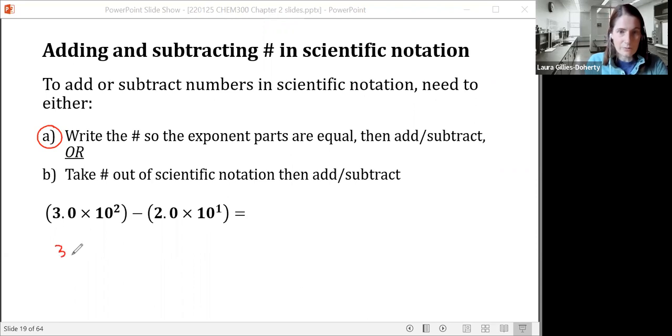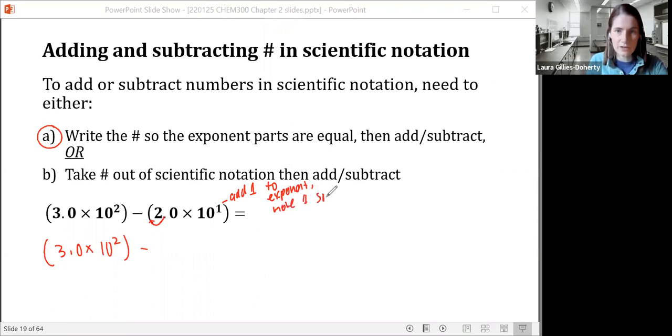Okay, so we have 3.0 times 10 to the 2. I'm going to leave that one as is, and I'm going to change this one from 10 to the 1 to 10 to the 2. So if I want to change this to 10 to the 2, I want to add 1 to the exponent. That means I need to move the decimal place 1 more spot to the left.